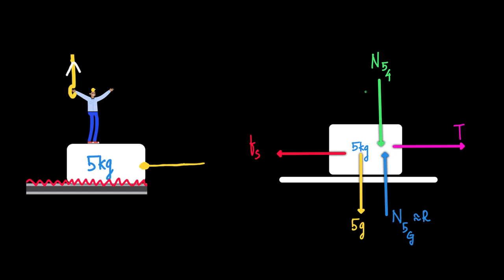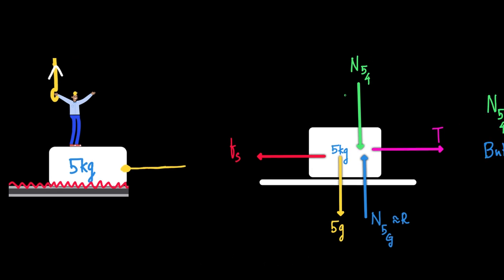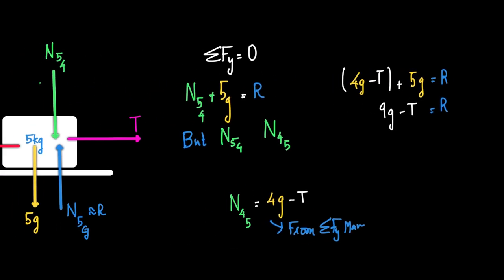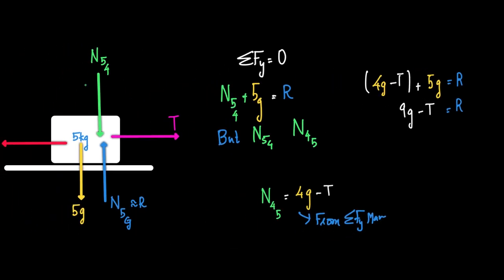Now if we write the equation sigma Fy is equal to 0, it simply implies that forces acting downwards should be equal to forces acting upwards. What are the forces acting downwards? N54 and 5g. Acting upwards is R, the only force.